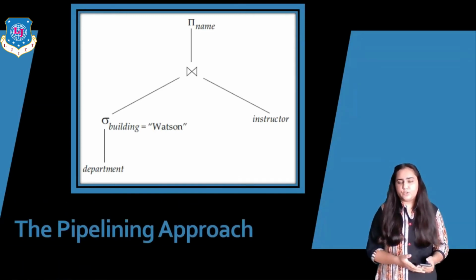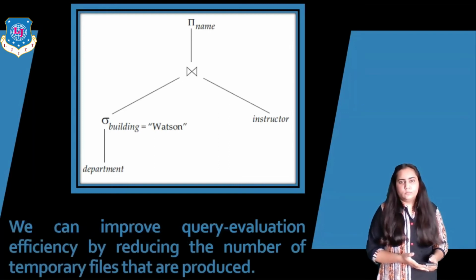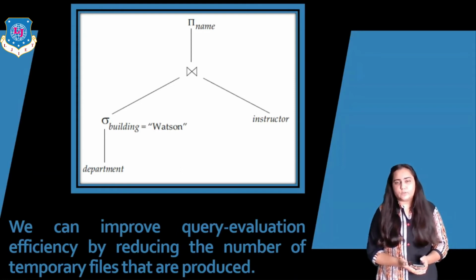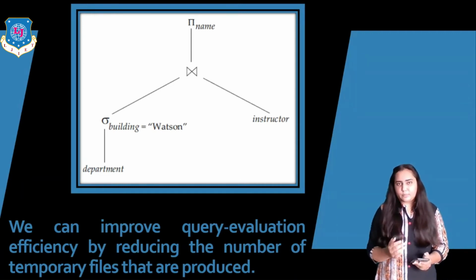The next approach to evaluate this type of expression is the pipelining approach. In this, we can improve the query evaluation efficiency by reducing the number of temporary files that are produced. So in the materialization approach, at every step, there is a temporary relation created.